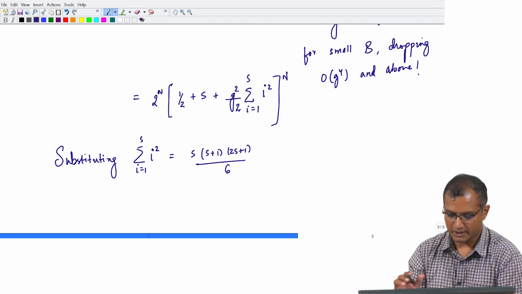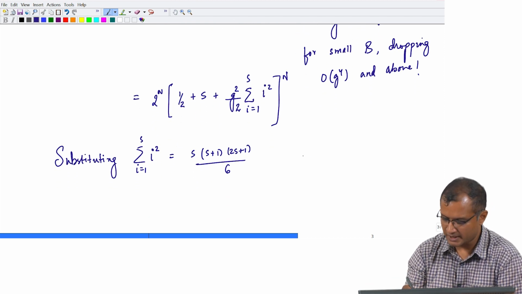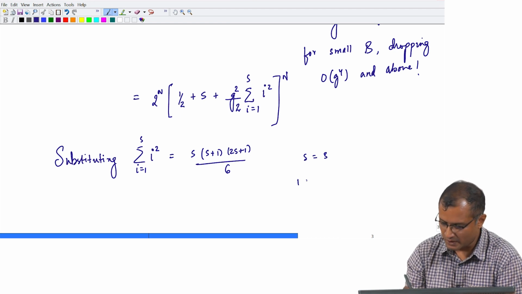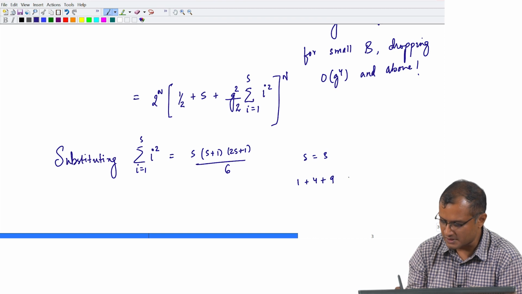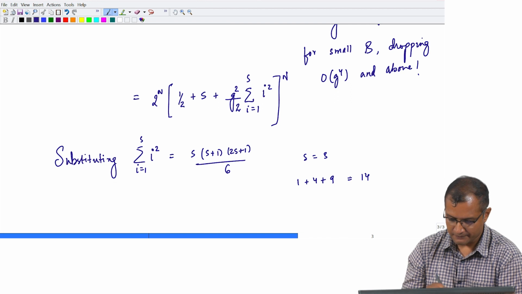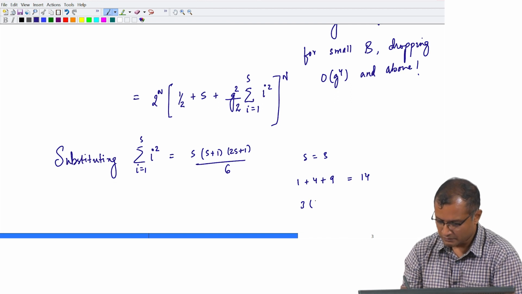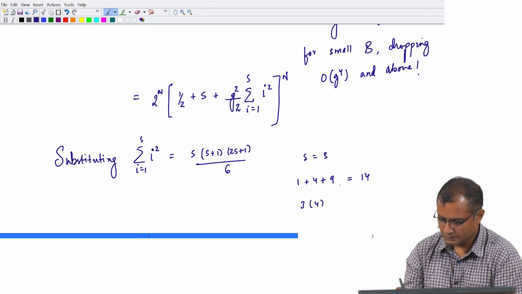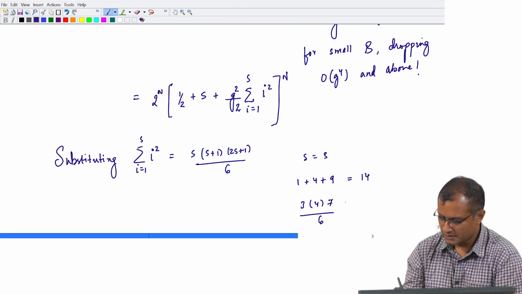So you can try and check, suppose you take s equal to 3. What you have for the sum is basically 1 plus 4 plus 9, which is 14. And what is your right hand side? It is 3 into 4 into 7 by 6, which is also 14.